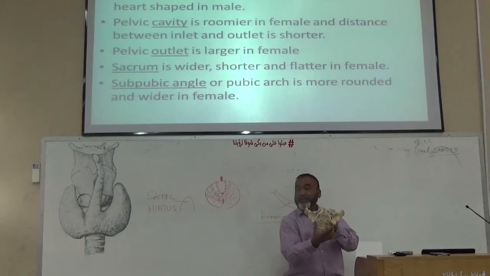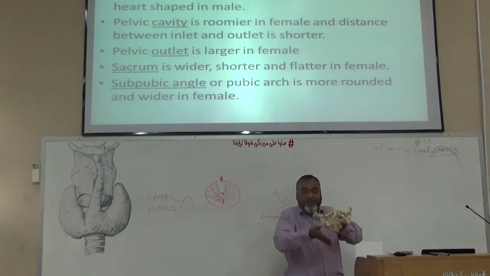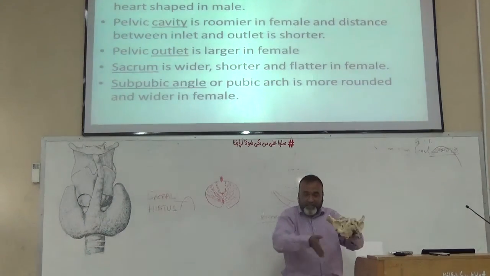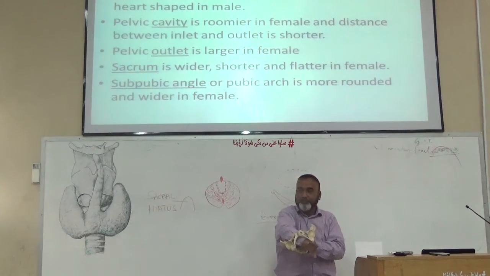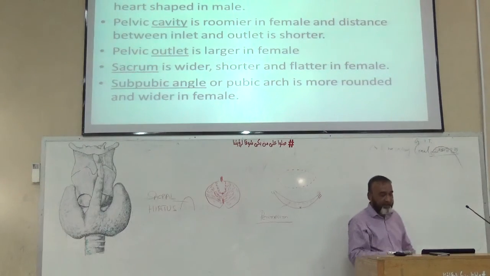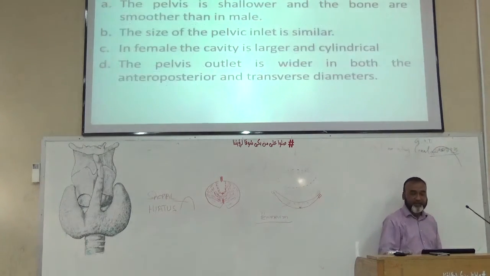That's what I said, the tuberosities and the spine are everted, that is, they are separated from the center so that the baby can pass easily. So these are the differences between the male and the female pelvis.